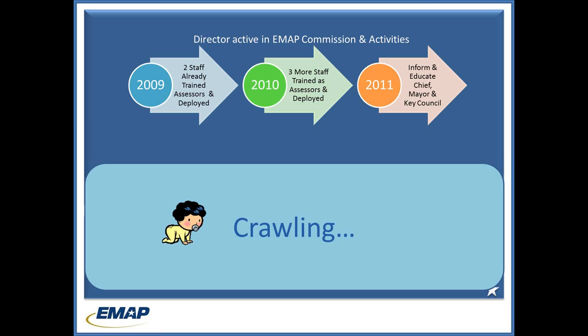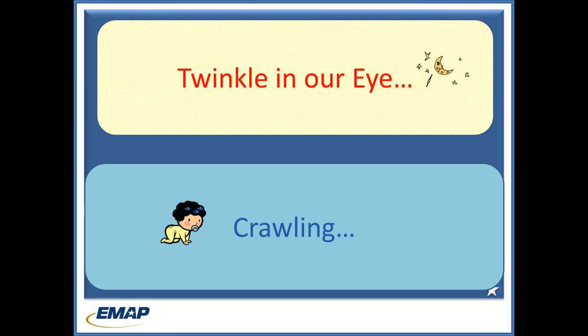In addition, last year, our director, Barb Graff, started informing our chief and our mayor and some key council members that we were interested in pursuing EMAP. Our director, you'll see at the top there, serves on the EMAP commission and is involved in a number of those committees. So we went from a twinkle in the eye to a crawling stage here.